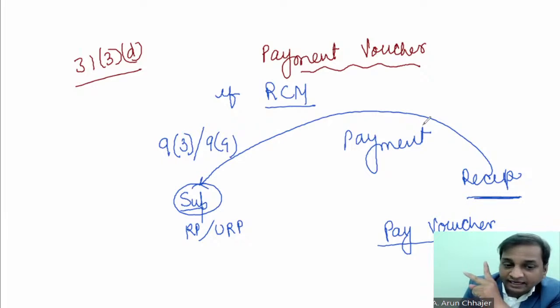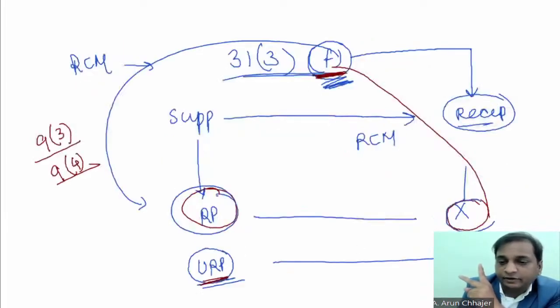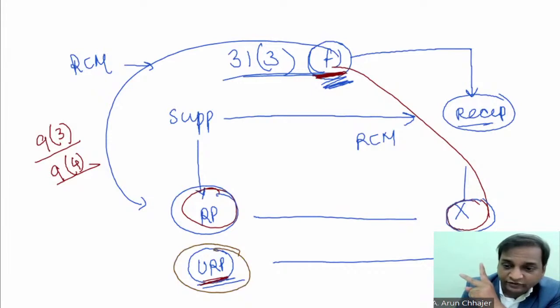If the supplier is unregistered, yes, the recipient will prepare the self invoice, and this self invoice is to be declared in the GST return, GSTR1.